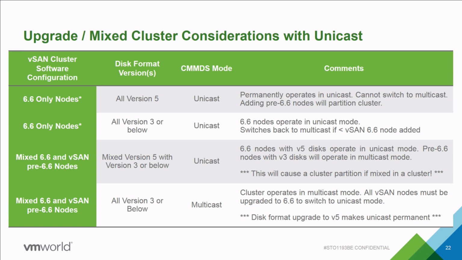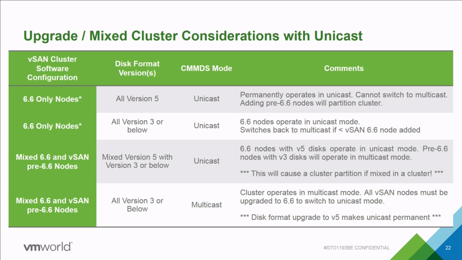In order for all of those to continue participating in the cluster and maintain the running VMs, they'll all communicate using multicast. It's only when everyone goes up to 6.6 that the switch is made to unicast. So if I introduce an older ESXi host, be it 6.2 or 6.5, into this vSAN cluster, I'll revert back to multicast in order to allow it to join the cluster. This is simply a hangover from the upgrade process.